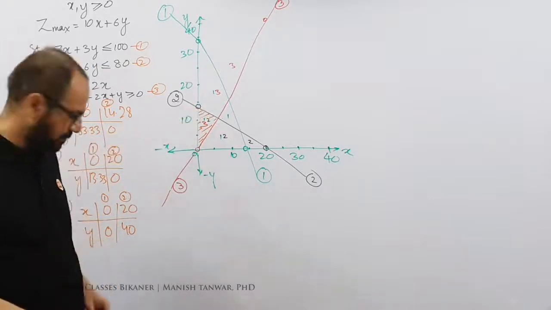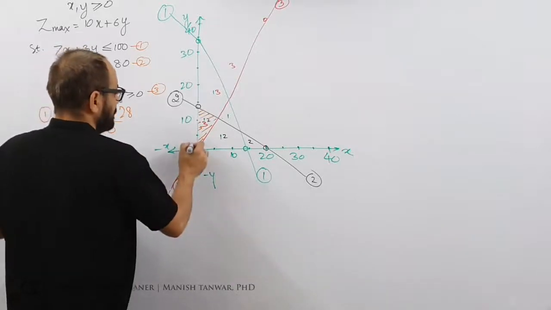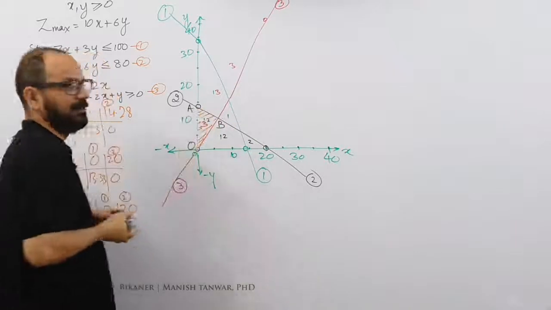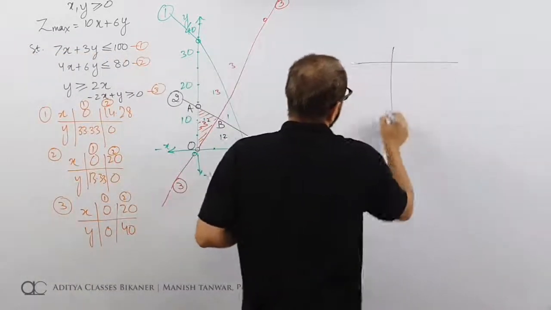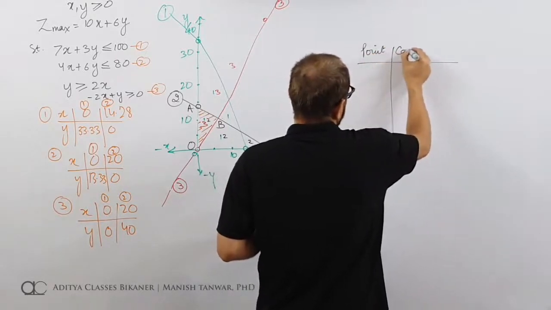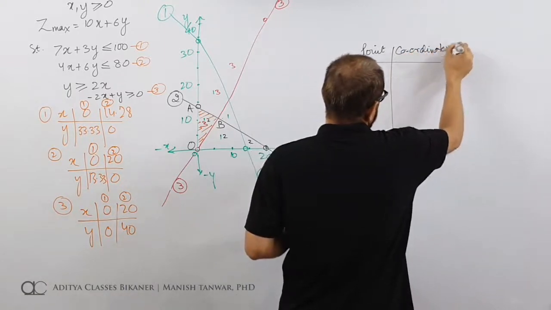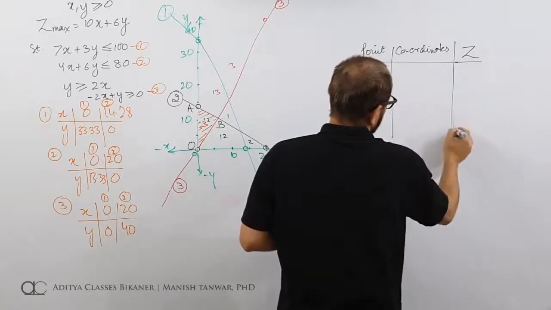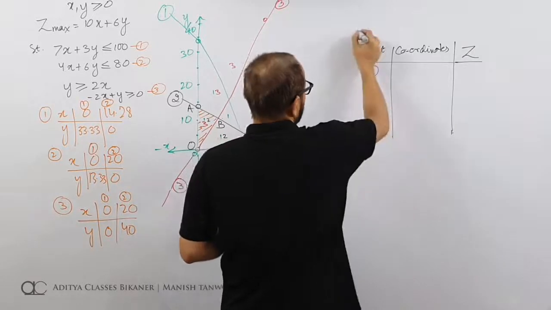So now let me find out the corner points of this. Let me name them. Let these corner points be O, A and B. How do we go from here? We have the points, their coordinates and Z. What are these?